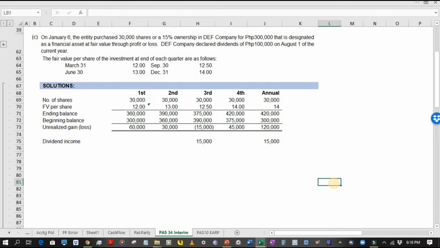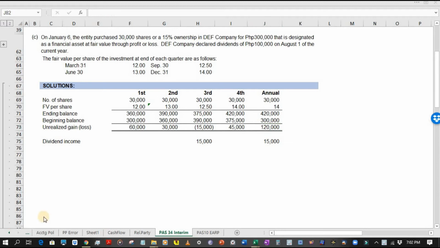So basically, this is the application of the independent view and the integral view of interim financial reporting. Independent view, because each quarter is considered as a separate period from all other quarters. But the integral view simply means that each quarter is an integral part of the annual financial statements. So that is why interim financial reporting applies the two views of independent and integral view.